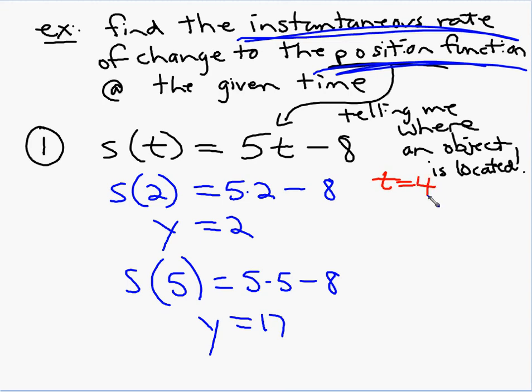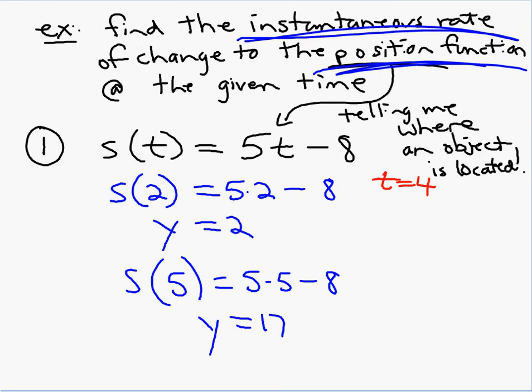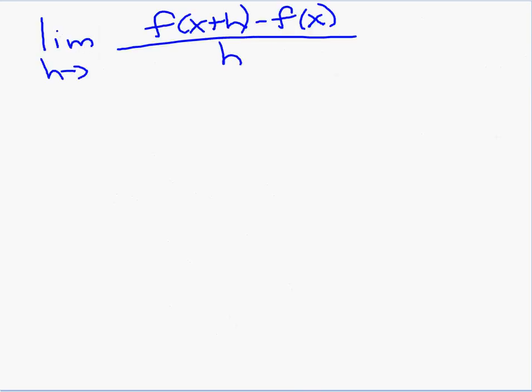Well, if I'm going to do that, then I have to use the definition of derivative. I have to calculate the limit as h approaches 0 of f of x plus h minus f of x all over h. Now, fortunately, this is an easier function. Okay? This function is 5t minus 8.